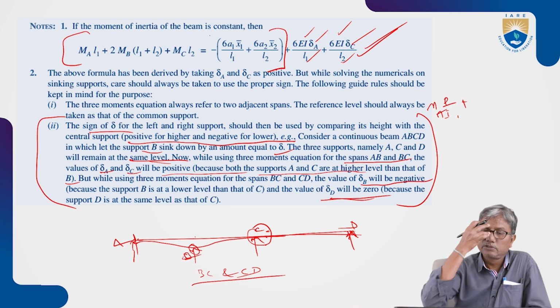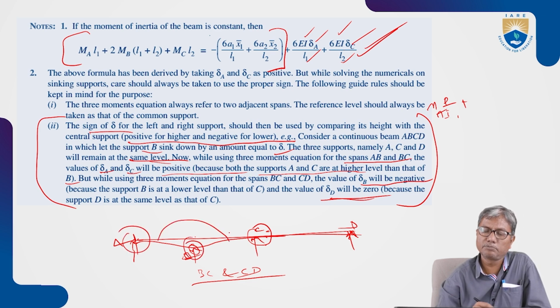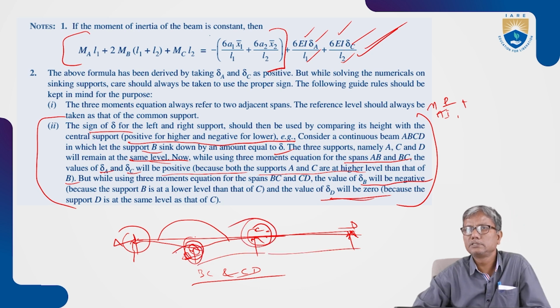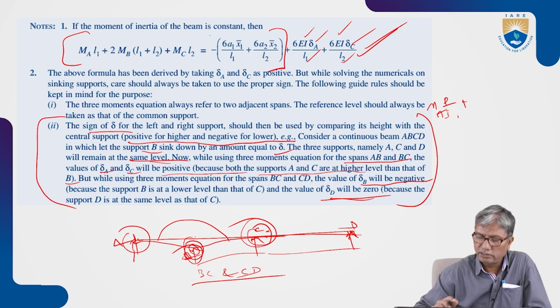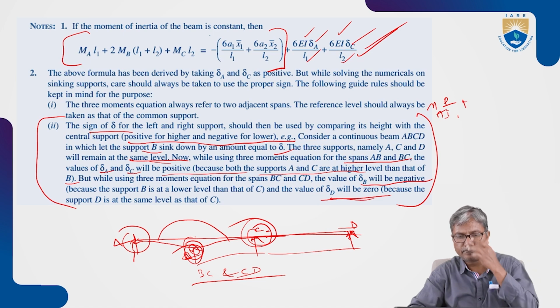This elevation difference, delta A or delta C, whatever it may be, is considered from the common support. When you consider AB and BC, the common support is B. When you consider BC and CD, the common support is C. With respect to the common support, the elevation difference is measured. If below, negative; if above, positive.